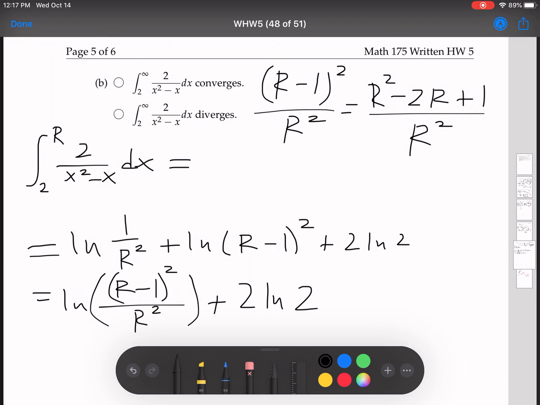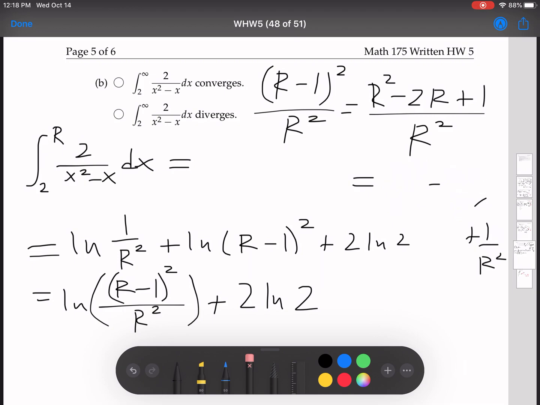Then you could do r squared over r squared minus 2r over r squared plus 1 over r squared, and this becomes 1.